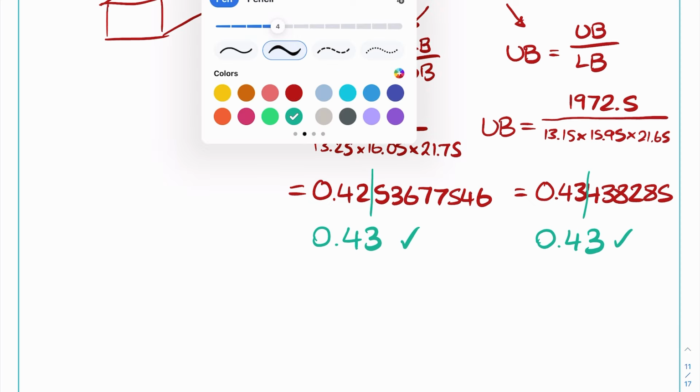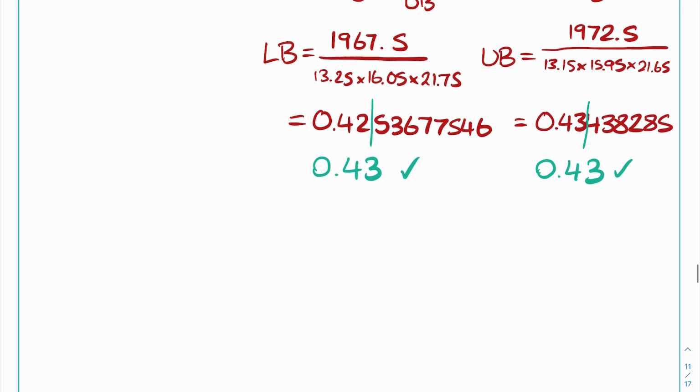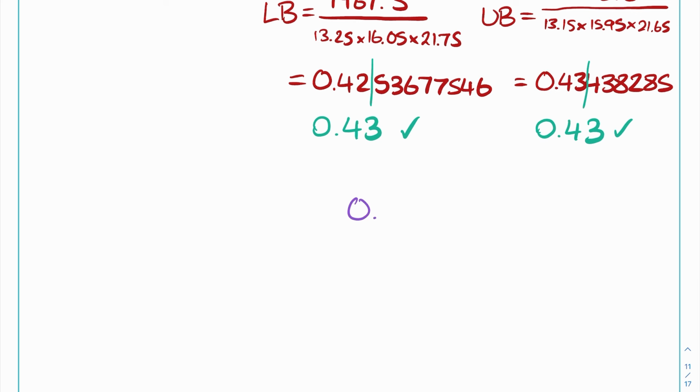And again, you could use the reasoning of significant figures, or you could use decimal places. In this case, as it's a 0-point number, this is both two significant figures and two decimal places. So my final answer for this one would be 0.43, and I would just write the reason there, which is two decimal places, or of course, like we mentioned, you could write two significant figures.